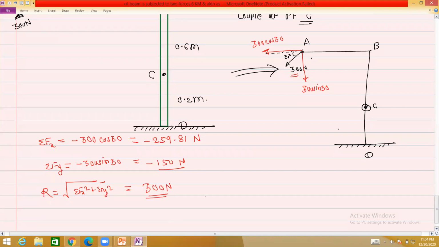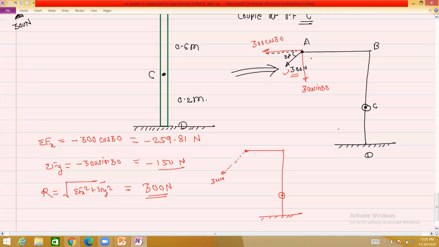Okay. So actually in the given system, there is only one force. So there is no need to find the resultant value separately. We can take the 300 Newton as the resultant force directly. So when we want to replace this system by a single force and couple at point C, this is the original force, that is 300 Newton.